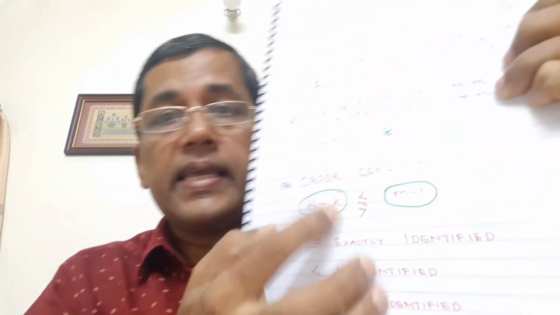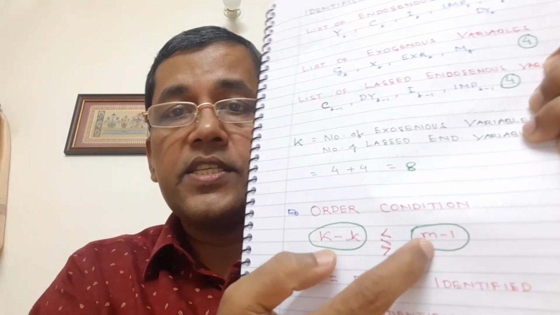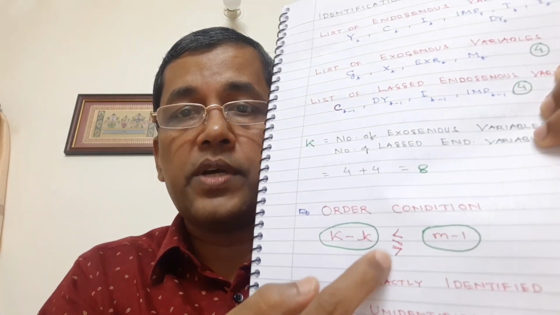Then we can derive unique coefficients for the structural equation from the reduced form equation. And if capital K minus small k is strictly greater than small m minus 1, then that equation is over identified. That means we can estimate that equation, but there can be more than one value for the coefficients of the structural equation which can be derived from the reduced form equation.